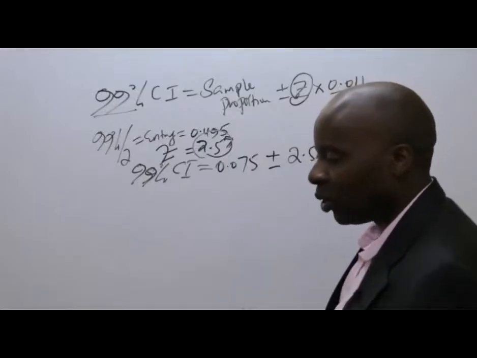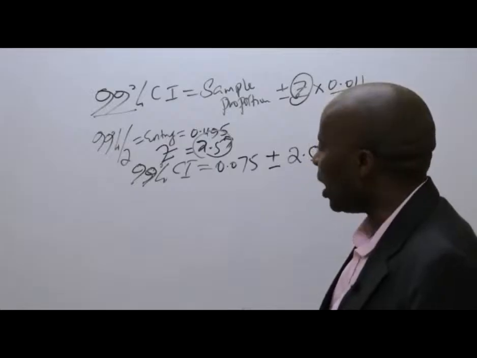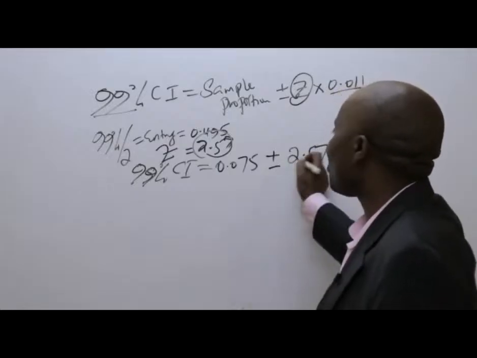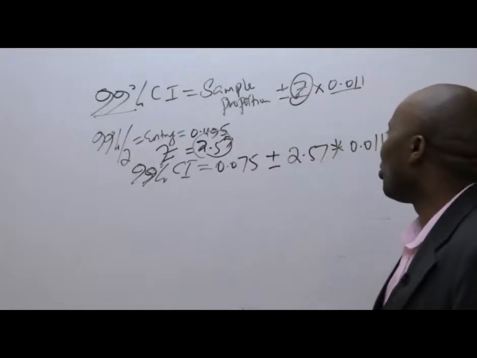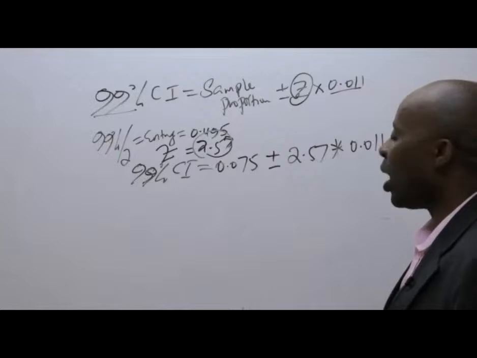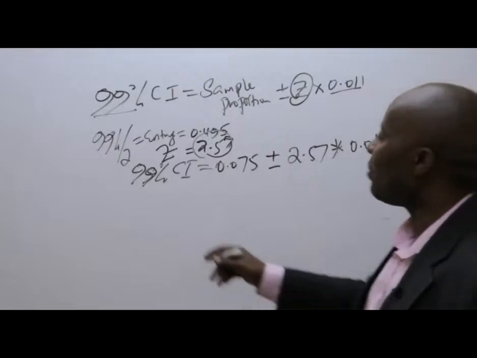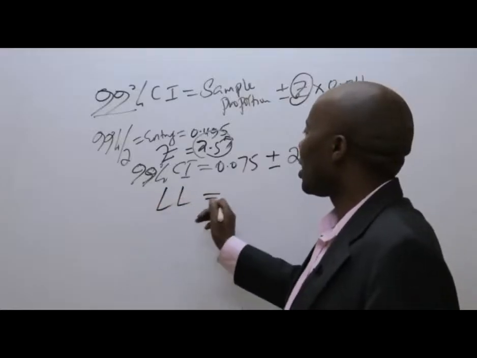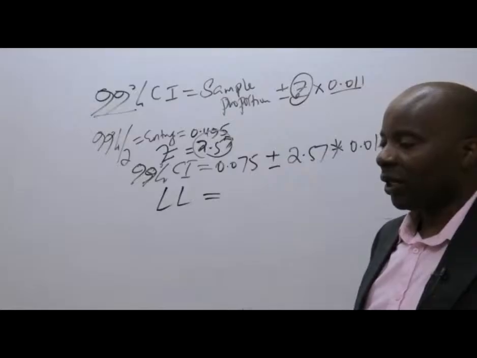Remember, to get the lower limit, what you'll do is subtract. You'll take 0.075 minus 2.57 times 0.011. Come here and give us the lower limit.